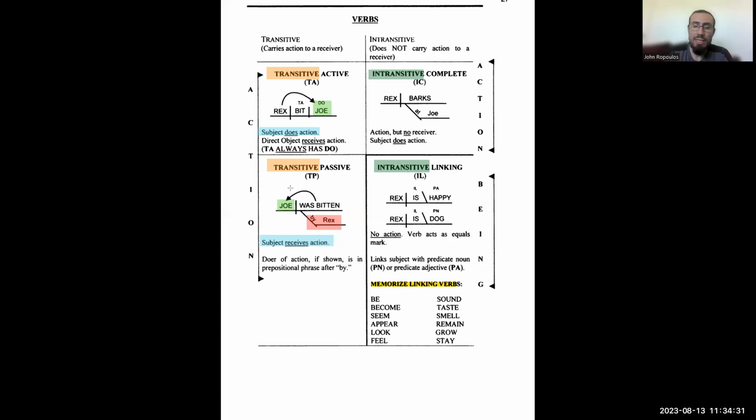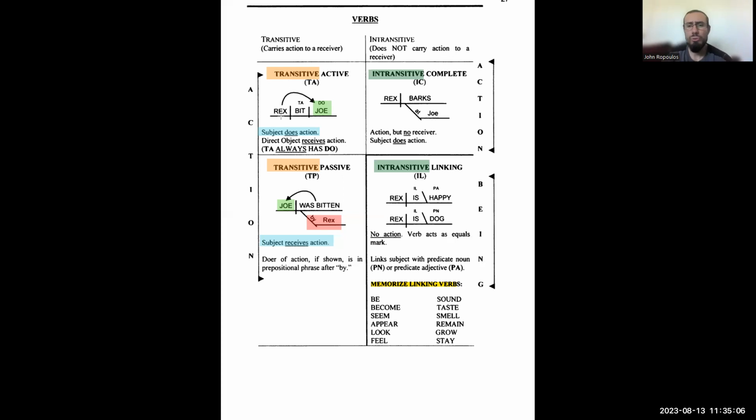Rex is doing the biting. Now here, Joe was bitten. There's no subject doing the action of the verb. Instead, the subject is receiving the action of the verb. Okay? So remember this rule. It'll help you. If you see a prepositional phrase and you think that's the doer of the verb or the subject of the verb, just say no in your mind. It's not. A prepositional phrase negates its ability to be the doer of the verb. It may sound a little strange now, but that's the way it goes.